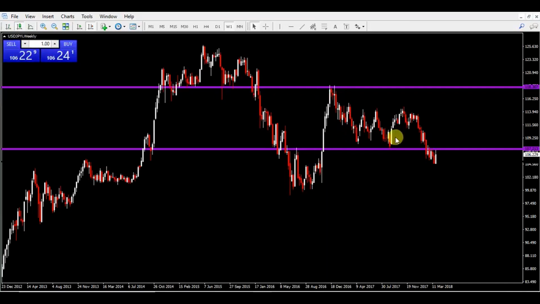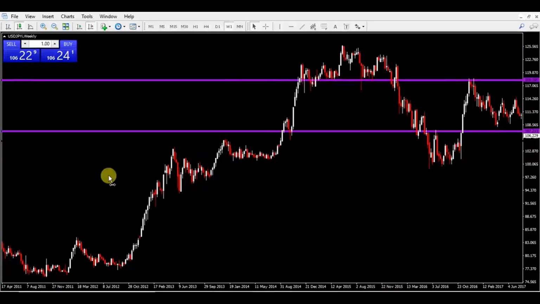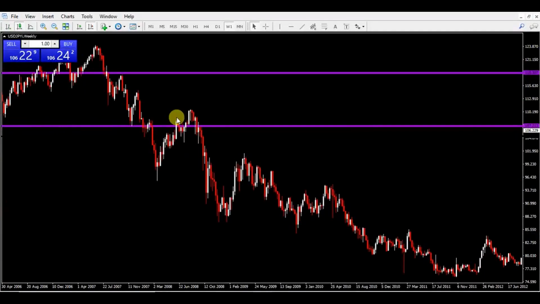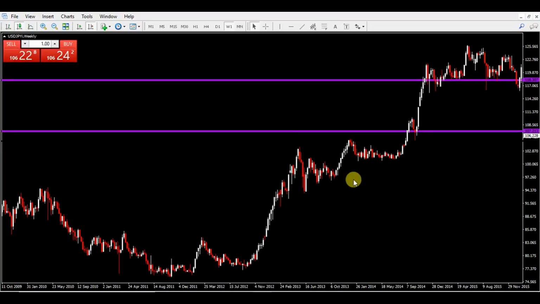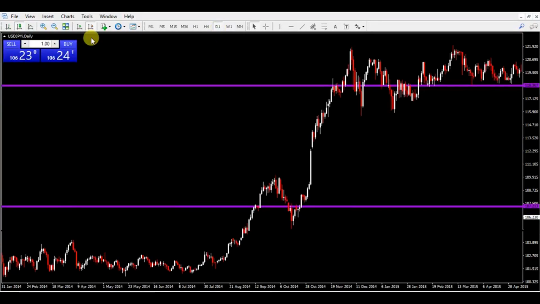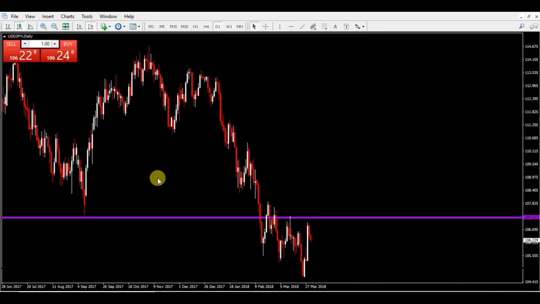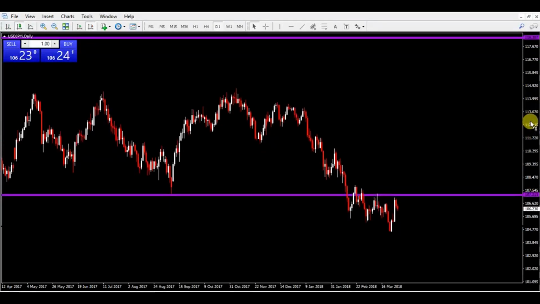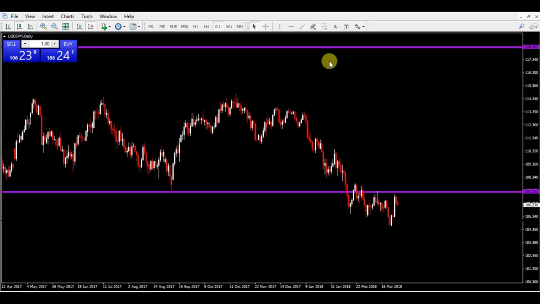It broke through, came down, retested that area, and rallied. Very valid. Scrolling all the way back, same thing, it reacted to this same area. That's what you want to look for on a weekly and daily, and that's it. Anything lower doesn't matter. We only care about when price reaches these weekly and daily support resistance areas.